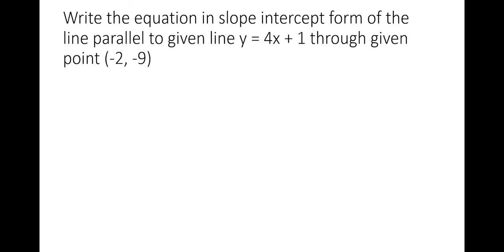Write the equation in slope-intercept form of the line parallel to the given line y equals 4x plus 1 through the given point (-2, -9). The first step said to write it in slope-intercept form. Step 1.